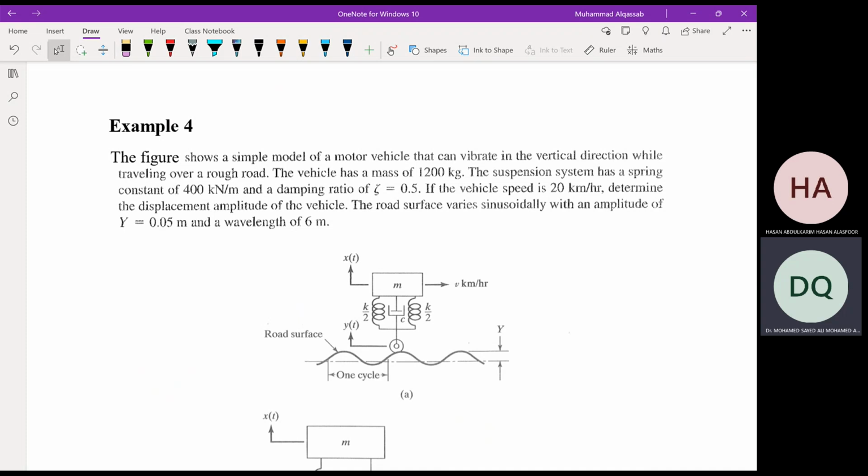Again, in order to be within the scope of the chapter, we will assume that the road is varying as a sine wave. The wavelength is the length of one cycle from peak to peak. That's called wavelength, L. And the amplitude is y.